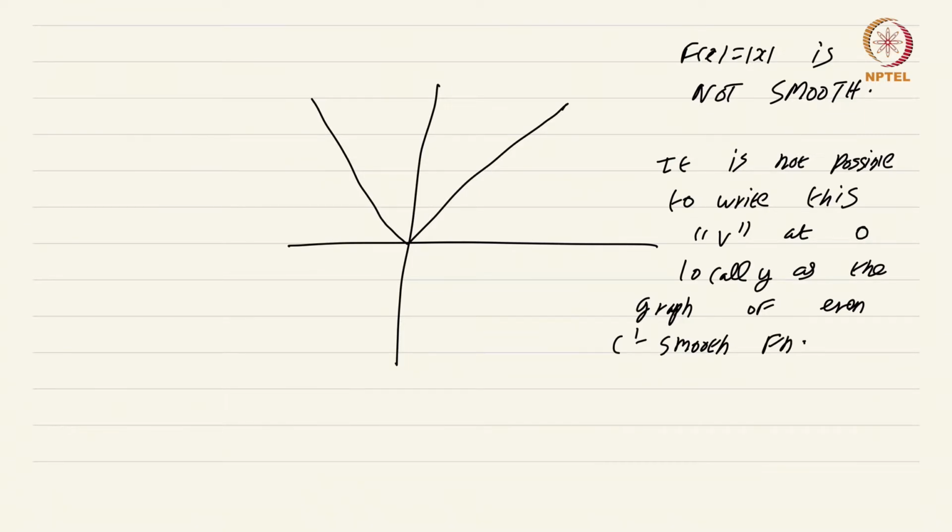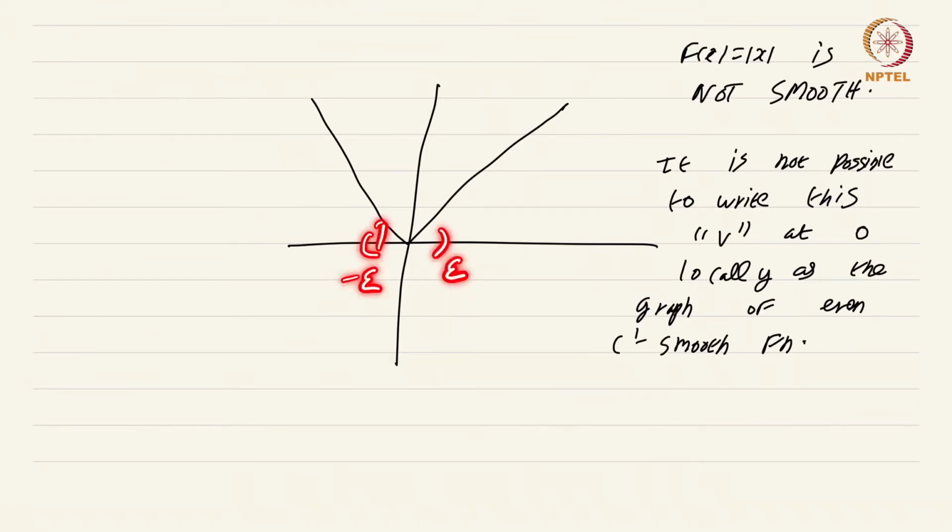Well, why is that the case? Think about this for a second. If we could write this as a graph, let's say over some small neighborhood minus epsilon to epsilon, what is that function going to be whose graph is this V shape in this neighborhood? If you think about it for a few seconds, you will realize that it has no choice but to be the graph of mod x, right? The function is determined entirely by its values.